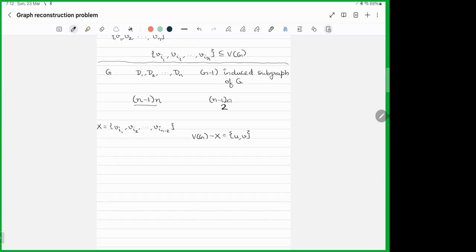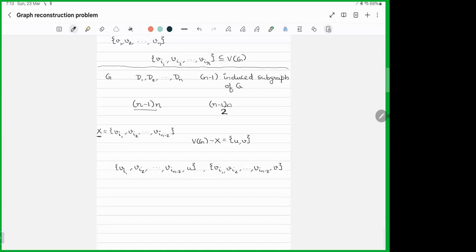So when I get an induced subgraph on vertices vi1, vi2, dot, vi n minus 2, it comes either from the induced subgraph on n minus 1 vertices with u added, or vi1, vi2, dot, vi n minus 2, comma v. So the induced subgraphs corresponding to these two sets will give me the induced subgraph on n minus 2 vertices corresponding to the vertex set x, right?